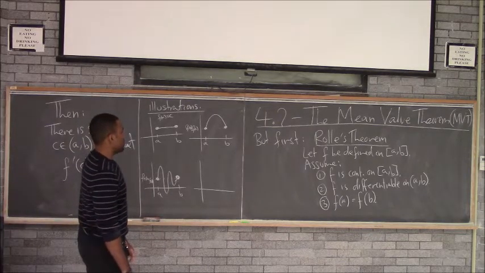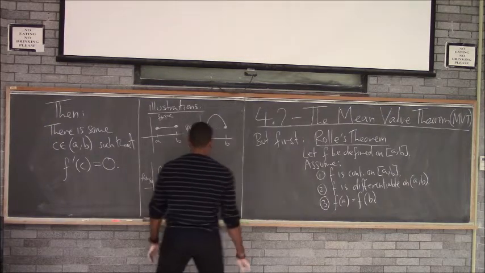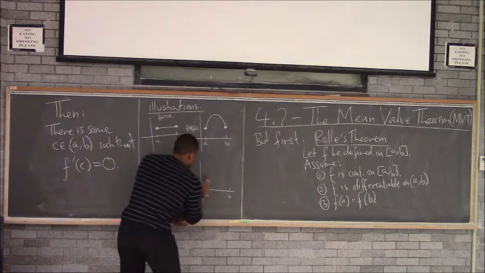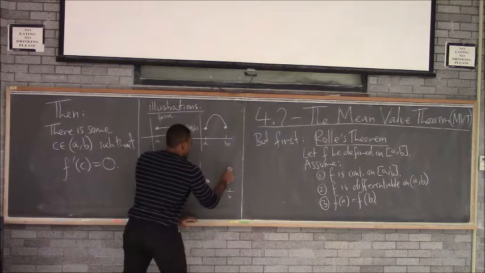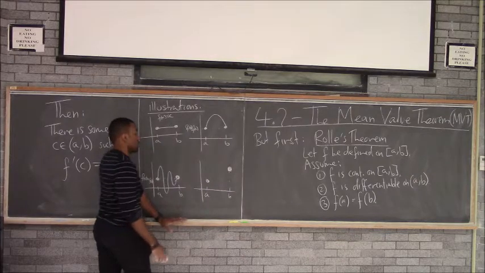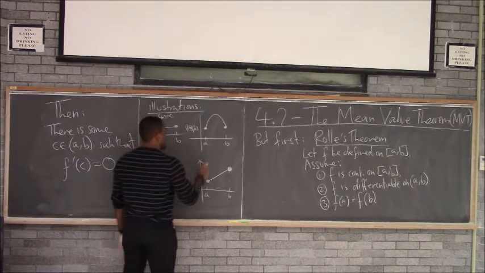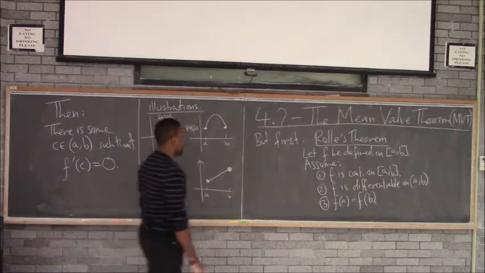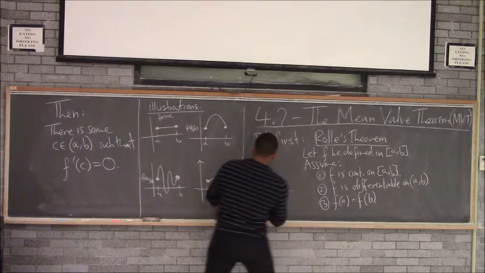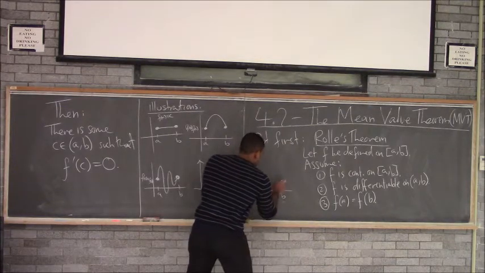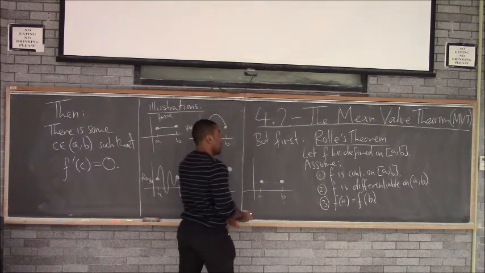Let's actually do some non-examples. Suppose my f(a) is not equal to f(b), but I'm continuous and differentiable. That's an example of such a function. Suppose my f(a) equals f(b), but I'm not continuous on the interval.